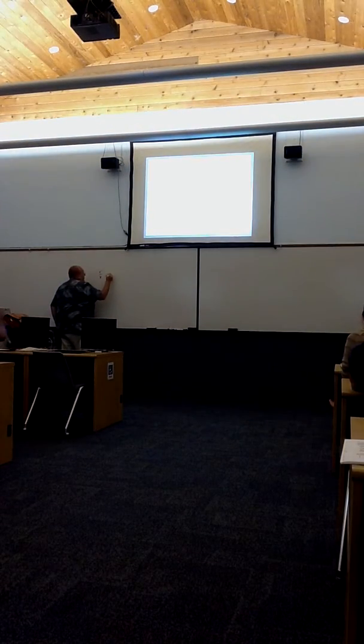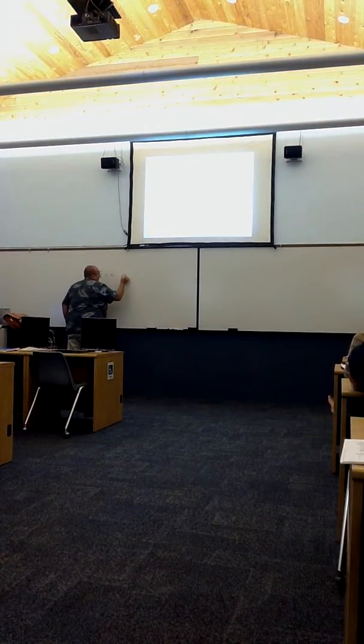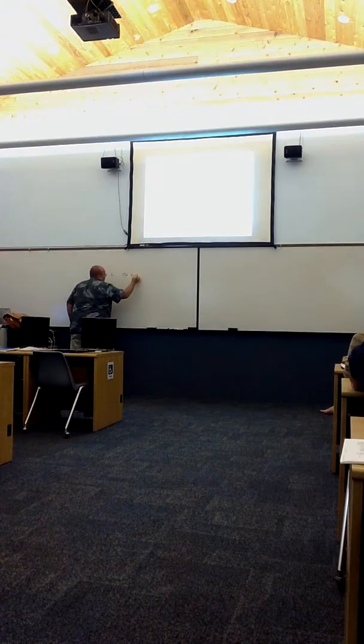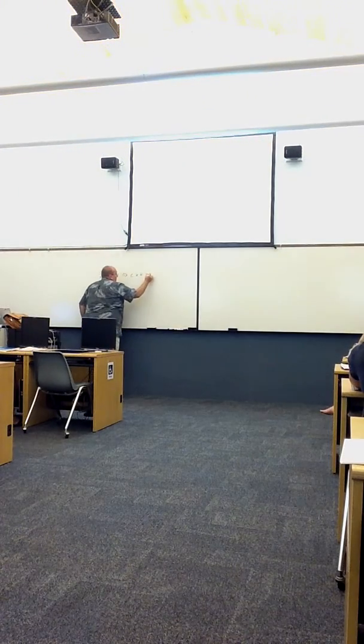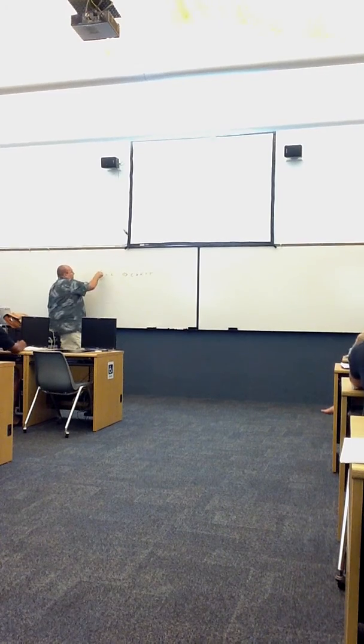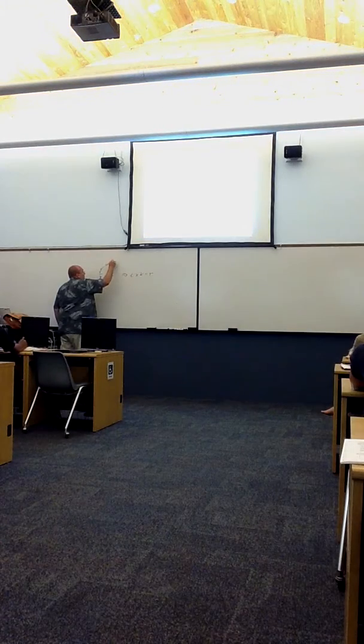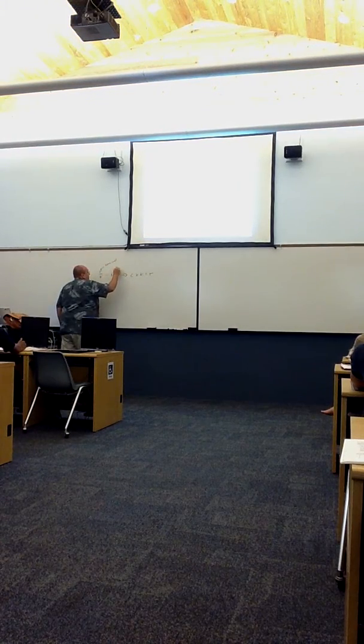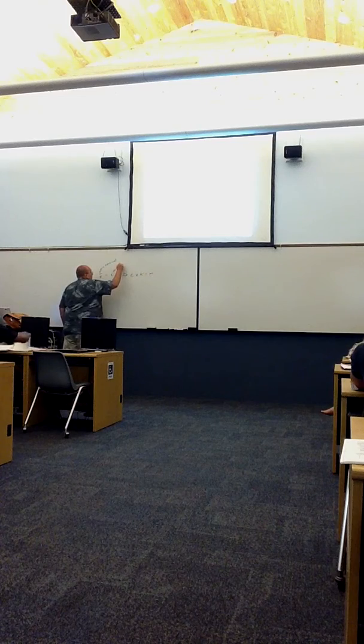So it's 12% compounded monthly. The periodic rate would be 0.12 divided by 12. So R over K equals I. And that also means that I times K equals R. This is nominal. This is periodic.